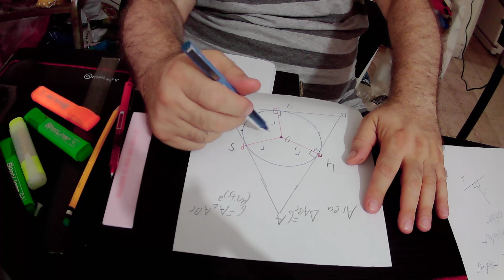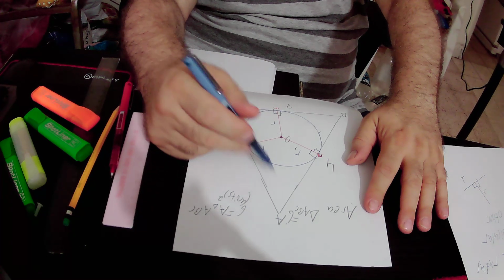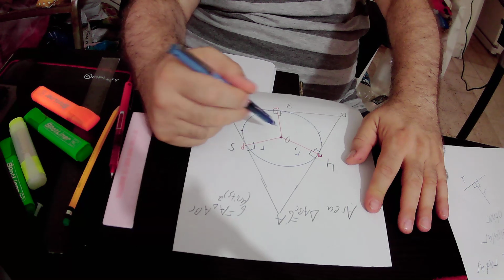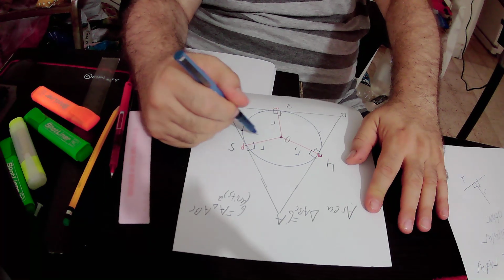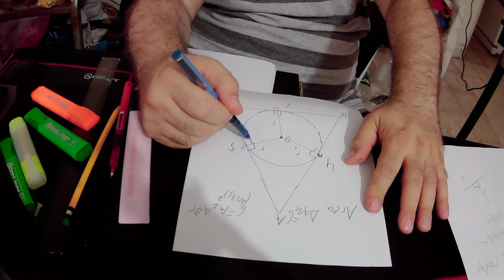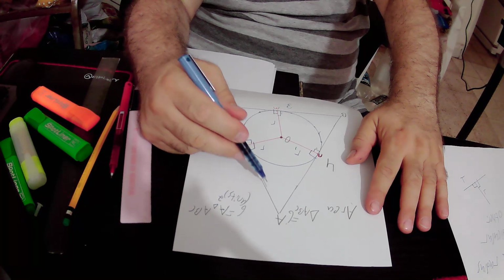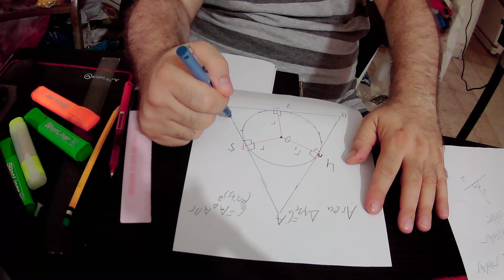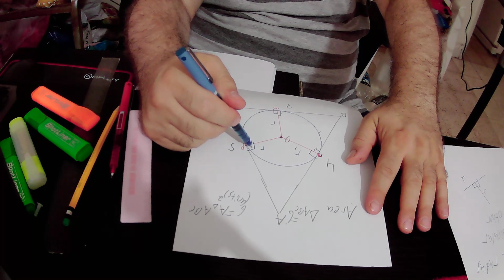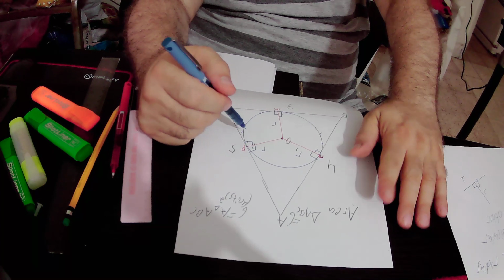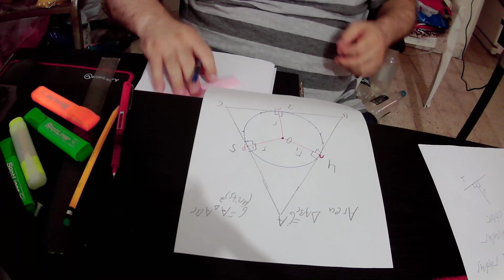For that reason, angle OPA equals 90 degrees, and also angle OPC equals 90 degrees, because the radius is perpendicular to the tangent AC. For that reason, this angle is 90 degrees, and also this angle is 90 degrees. Okay?